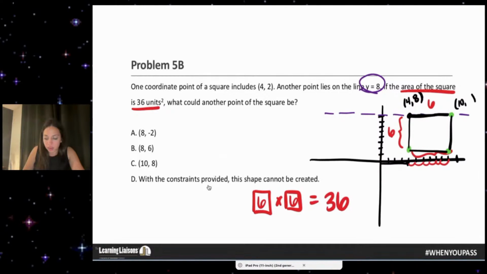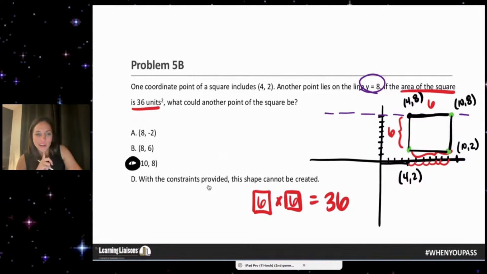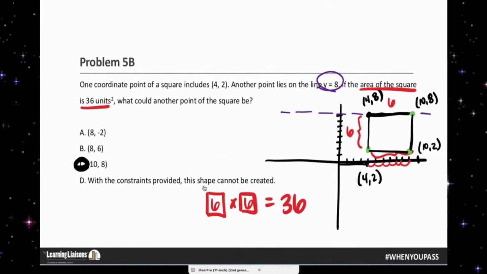So 10 comma something, 10 comma something. And then this is our original point, 4 comma 2. So we have 10 comma 2 or 10 comma 8. There's the other point of our square. Pretty cool, huh? All right, let's go on to problem number 6.